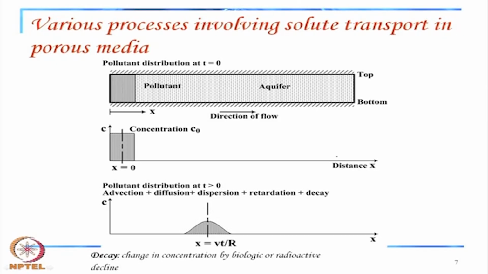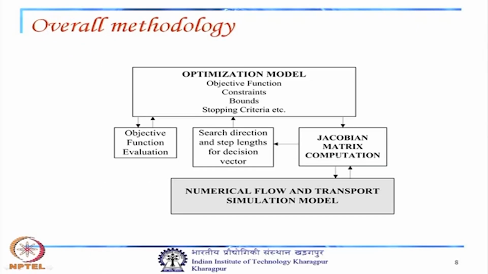So, there will be a combination of these processes which will dictate the source identification. So, proper transport process identification is the first part of any source identification problem.